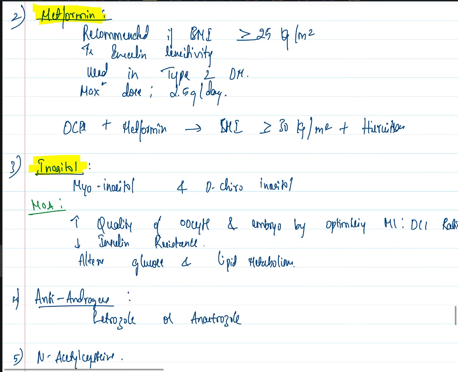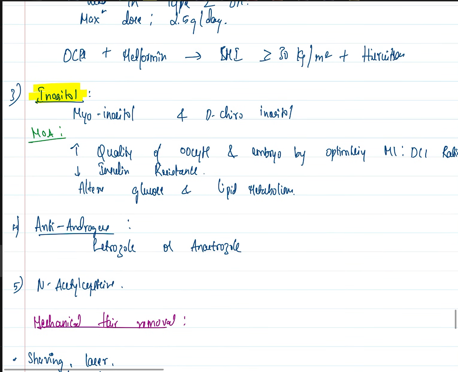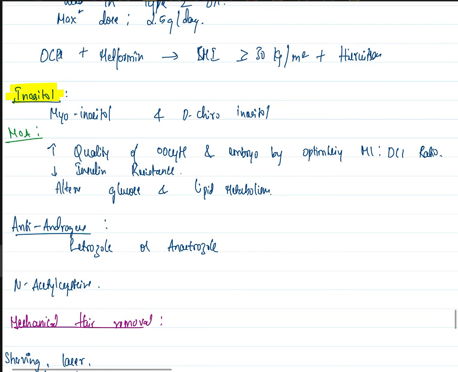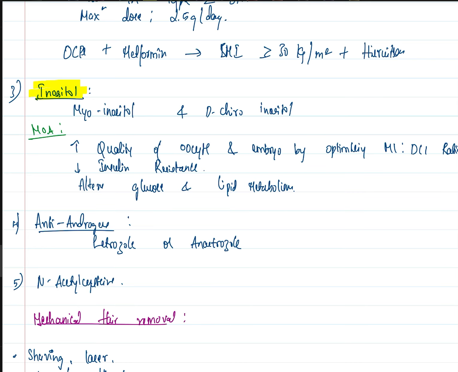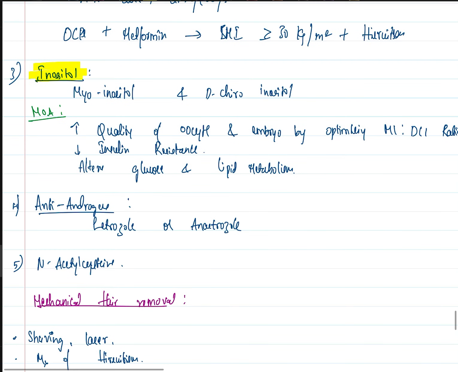Okay, certain other medications like inositol, myoinositol, and D-chiro-inositol basically increase the quality of the oocyte and embryo by optimizing the myoinositol to D-chiro-inositol ratio, and they also decrease insulin resistance and alter glucose and lipid metabolism.